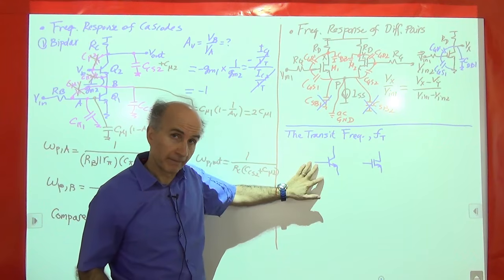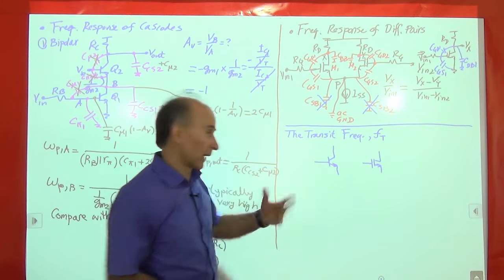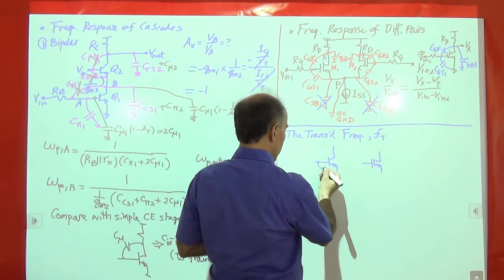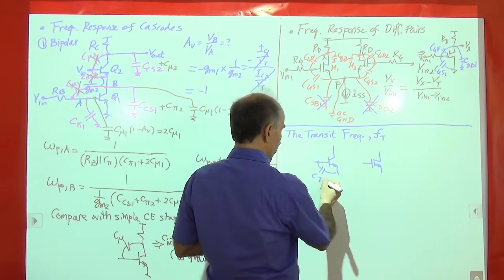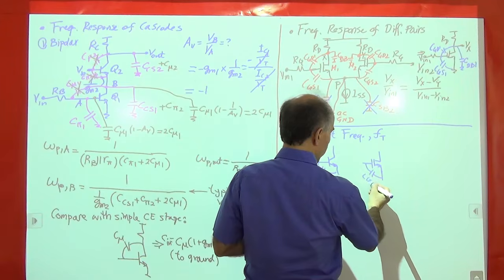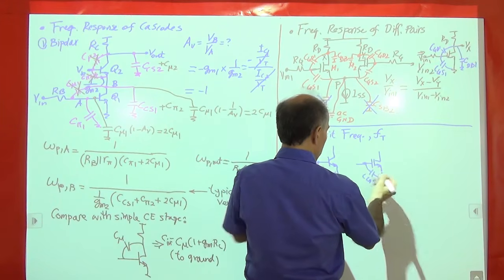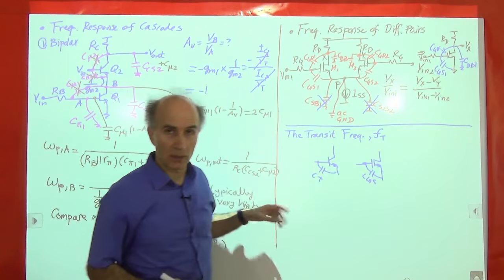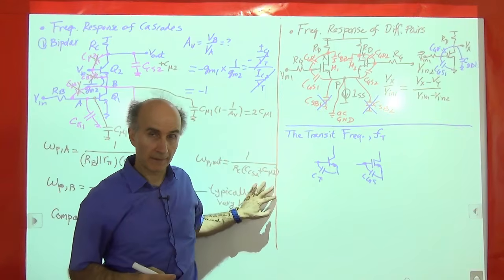What would you say? Well, you would say, I have to look at all the capacitances. So we have C pi, and then other stuff. We have CGS, and then other stuff. So it depends on these values. I can't just say how good the device is.